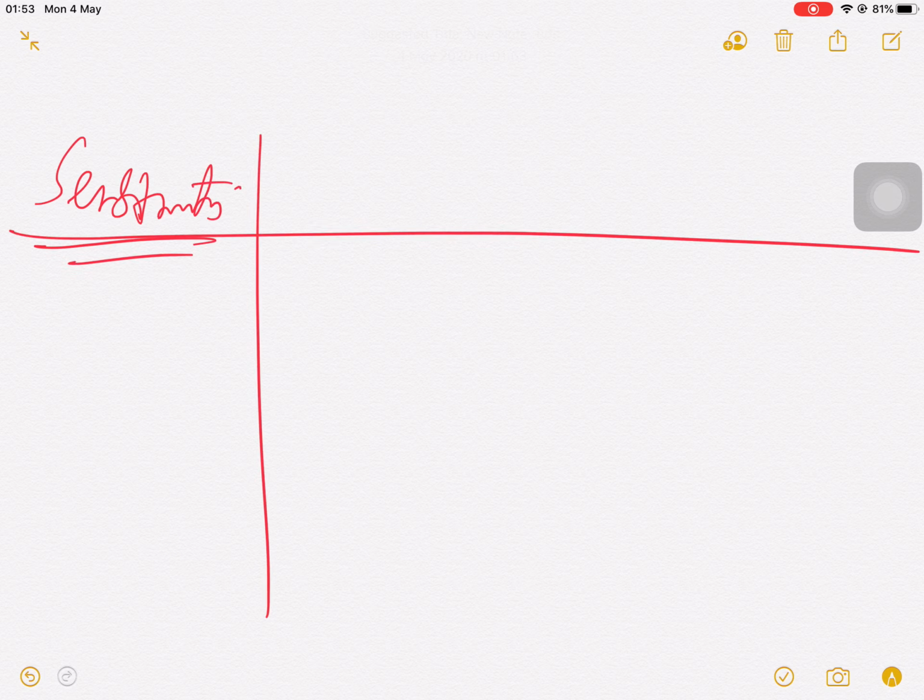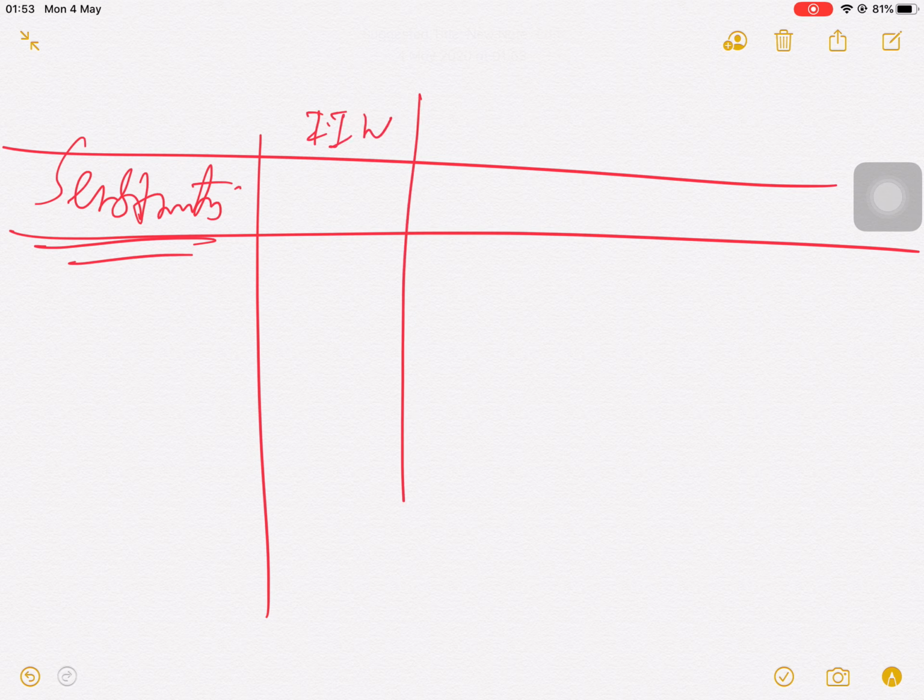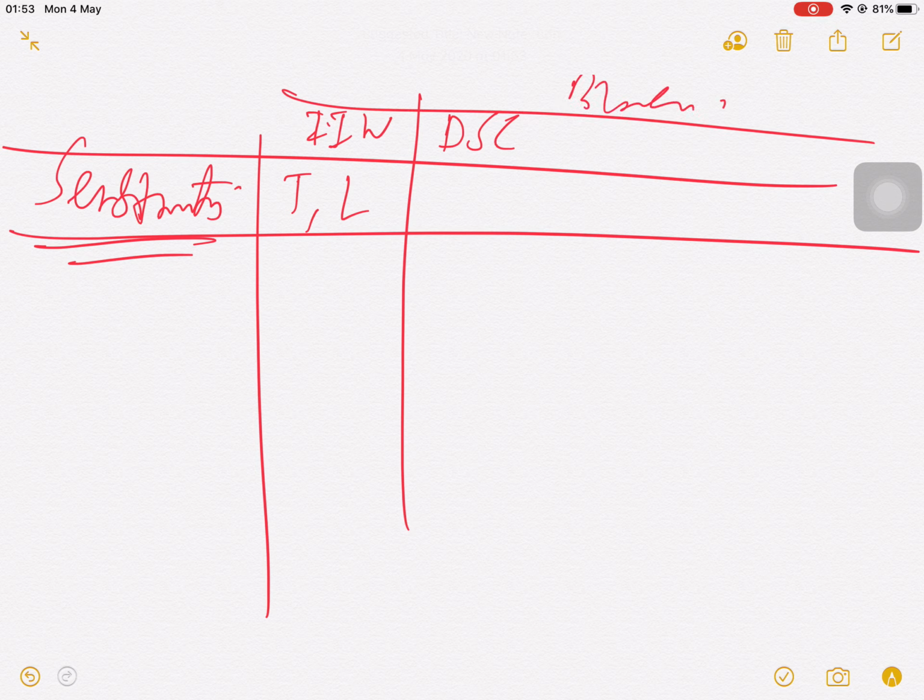Now we will take the sensitivity. So for the sensitivity we will take as per IIW, International Institute of Welding. So for sensitivity it takes the transverse and longitudinal wave. For the DSC block, these are the block designations.